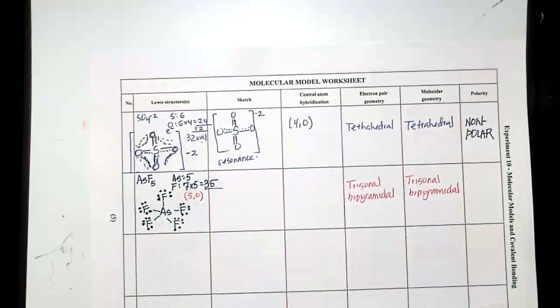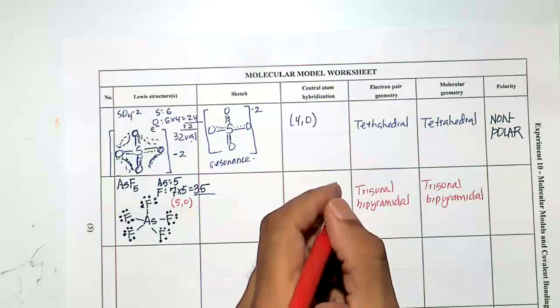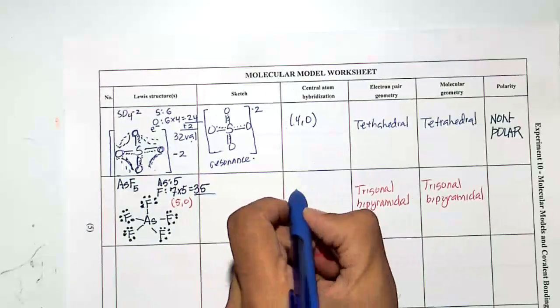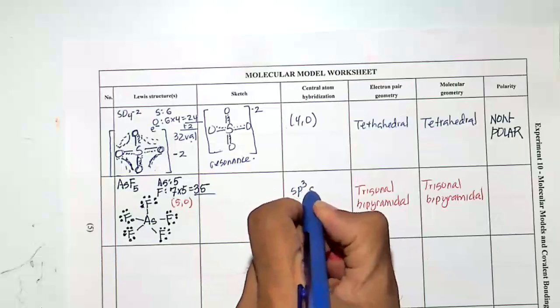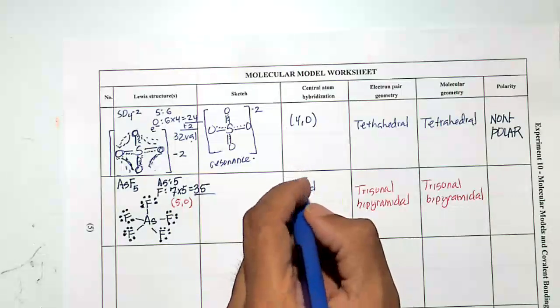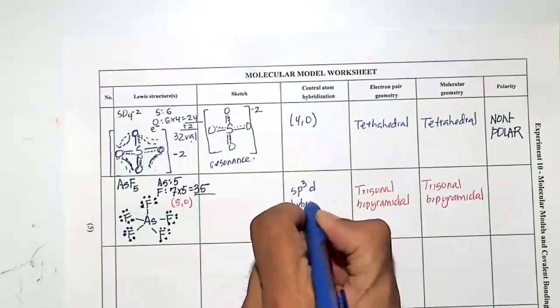Okay, what's the central atom hybridization? How am I going to get to 5? sp3d. This is an sp3d hybridized arsenic, As.